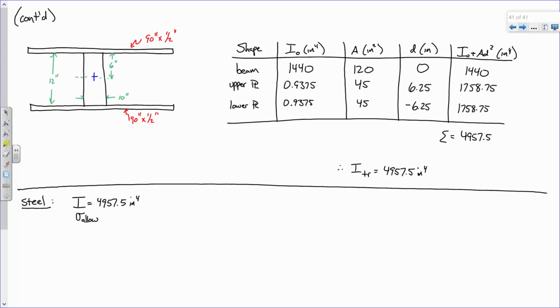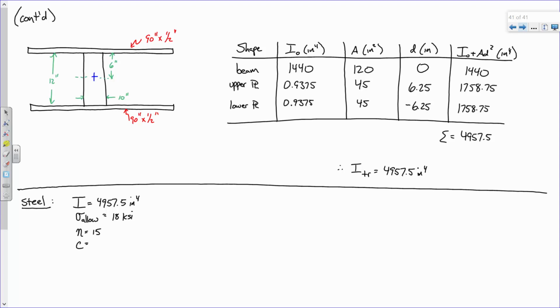Anybody remember that? 18, well, we can say PSI. We can also leave it as 18 KSI. That's fine, right? Okay. Or no, sorry, not our moment of inertia. Our modular ratio. I'm sorry. What was our modular ratio? 15.